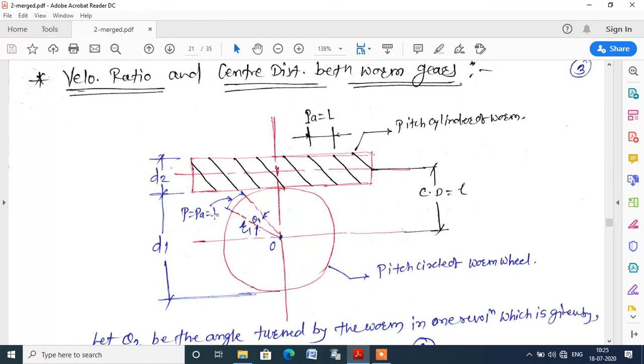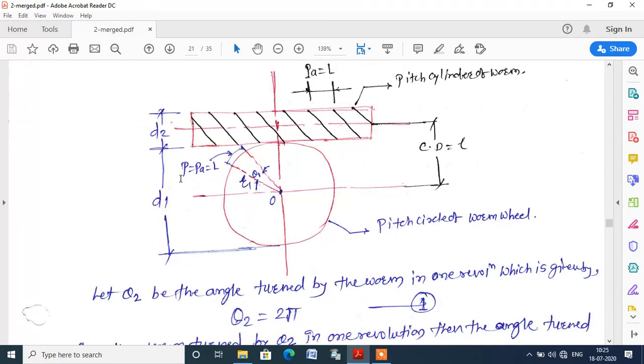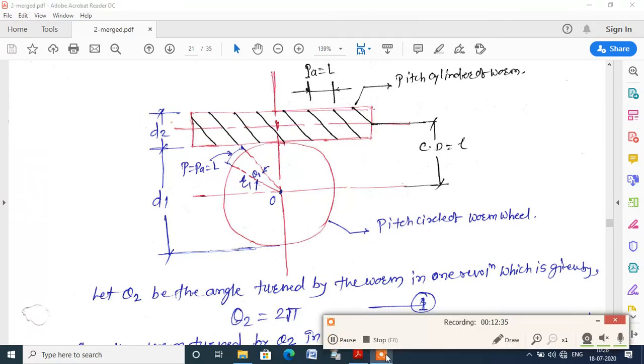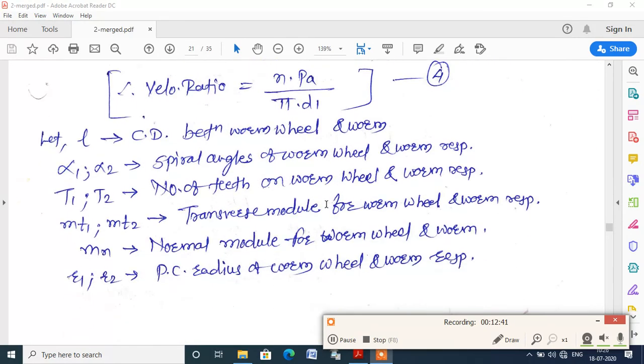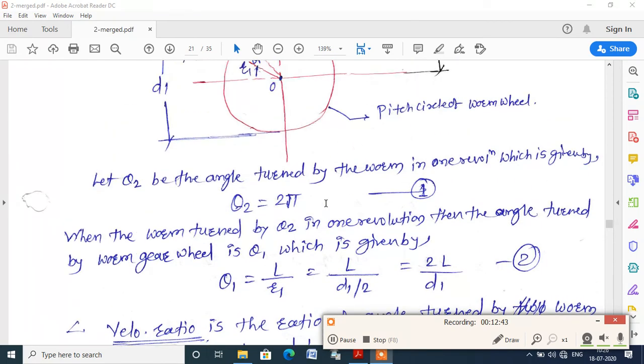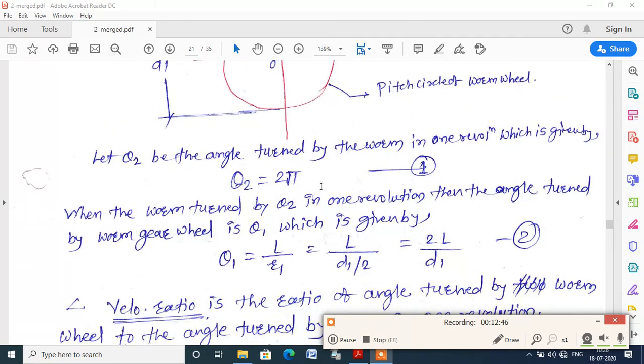Theta 2 is the angle turned by the worm in one revolution, which is equal to 2 pi. When the worm turns by theta 2 in one revolution, the angle turned by the worm wheel is theta 1, given by theta 1 equal to L by R1.